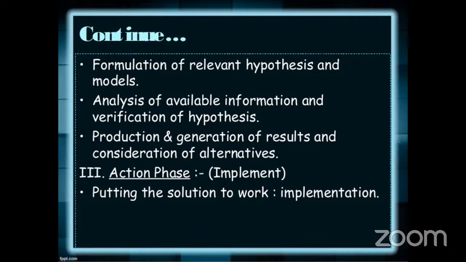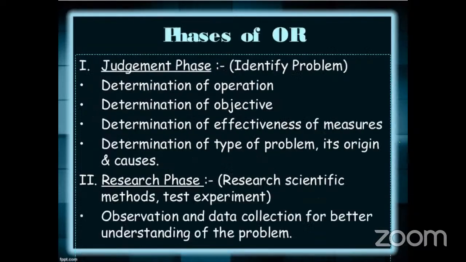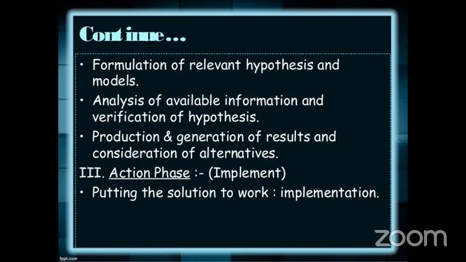That is nothing but what we call an operations research technique, and we use it so that we get the best solution. So judgment, research, and action phase. These are the phases of operations research.